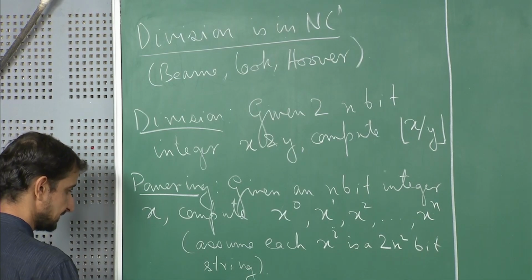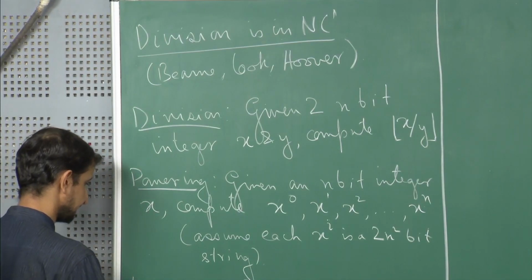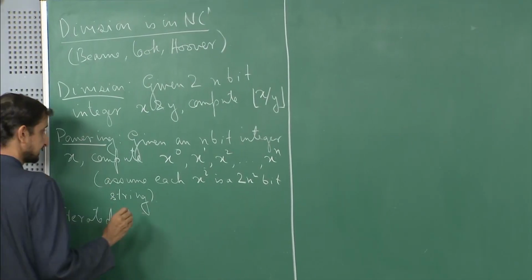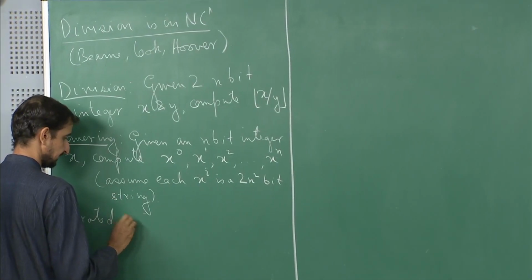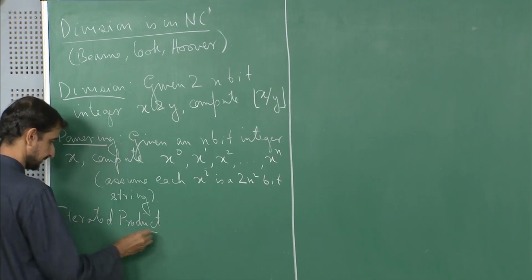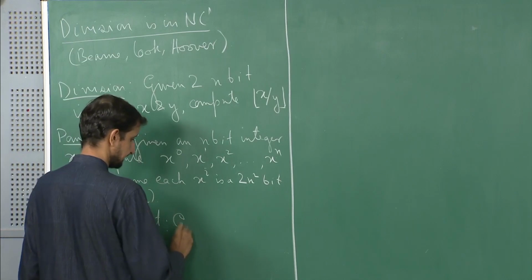The third problem is iterated product. We have seen iterated addition and we have seen single multiplication, but let us call this iterated product or iterated multiplication.